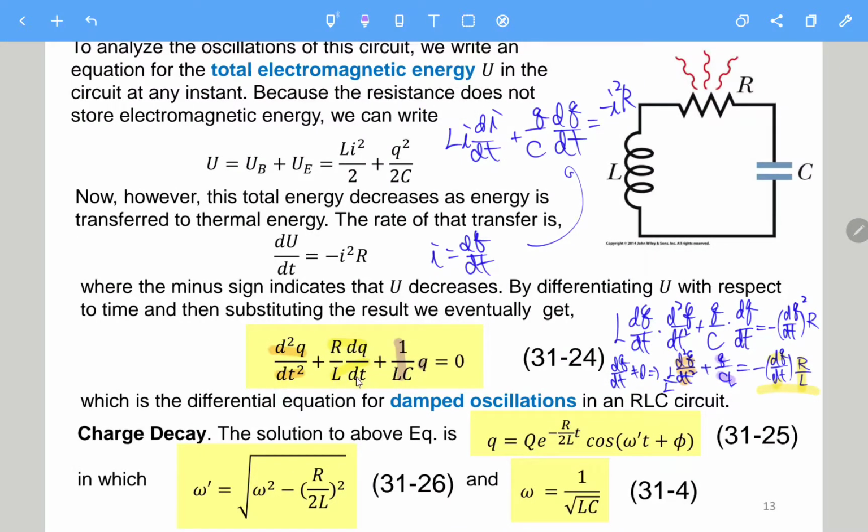So we get this second order ODE, which is still homogeneous because we don't have a battery here. But different from the previous case, we not only have the first and last terms, we also have the middle term, which refers to the losses of energy.